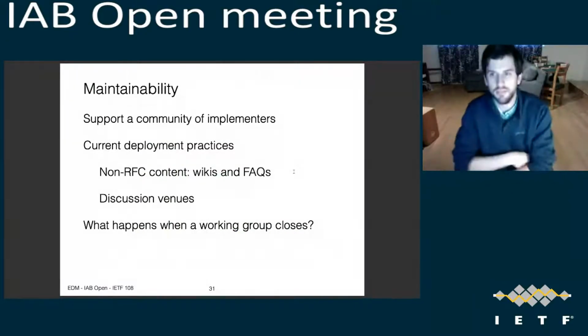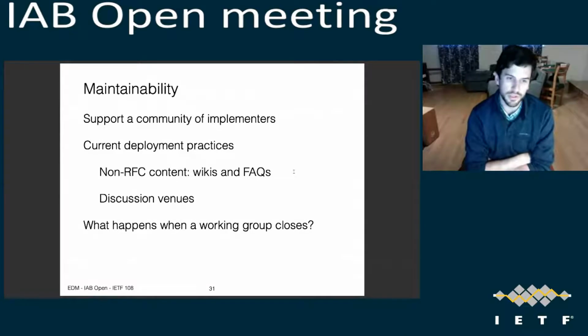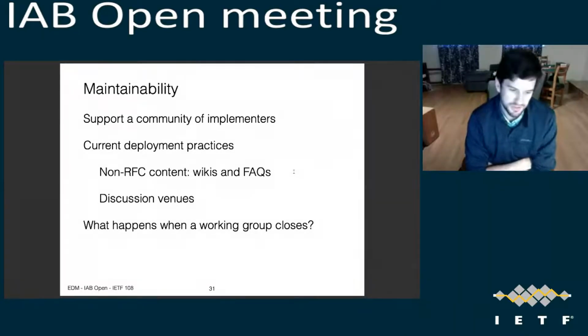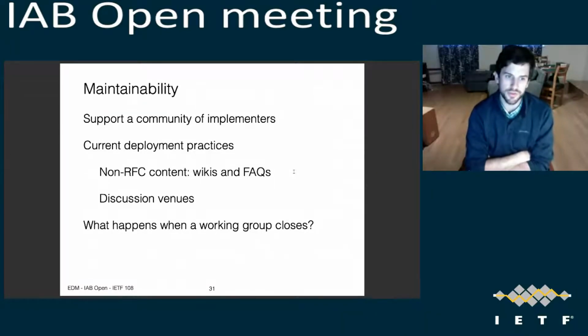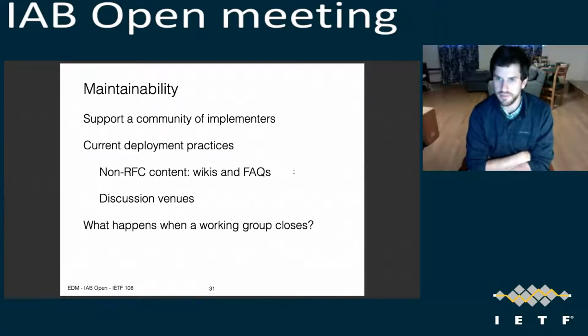And then lastly, we want to talk about maintainability. Even after a working group has shipped its protocol, how do we make sure that the extension points that we have defined continue to be used correctly? How do these work? This is about supporting the community of implementers for a given protocol.